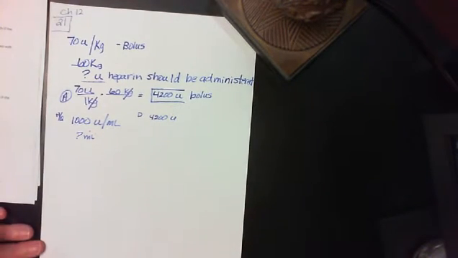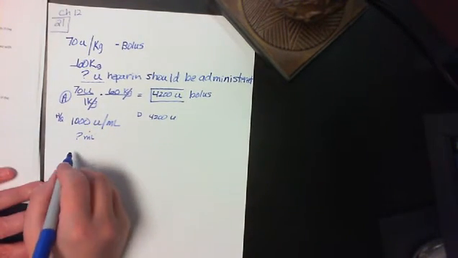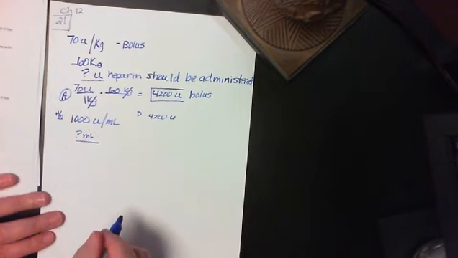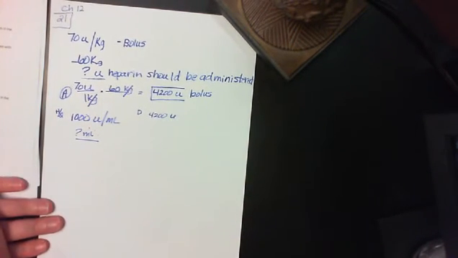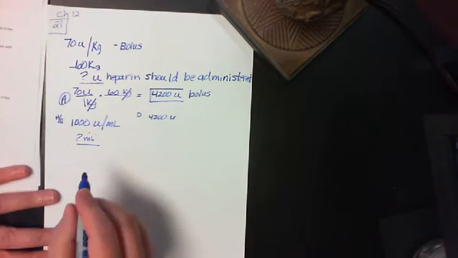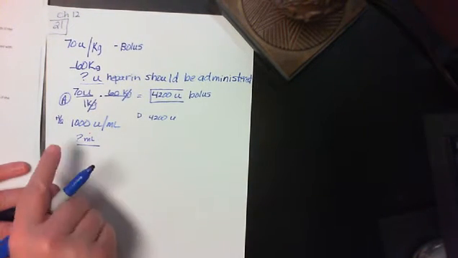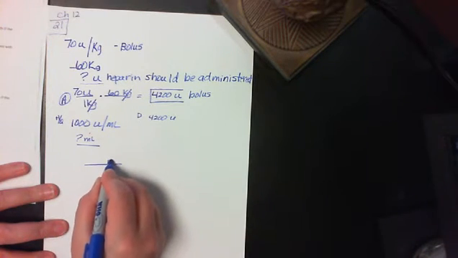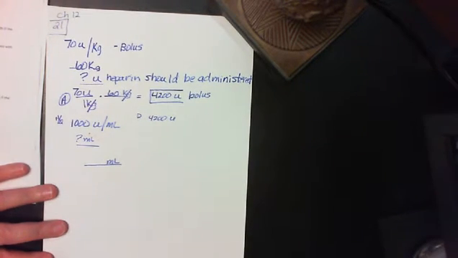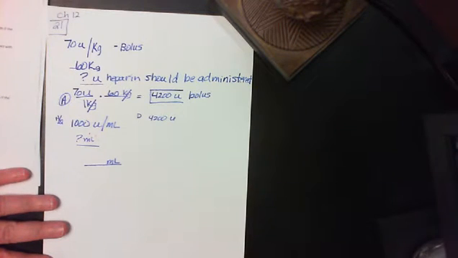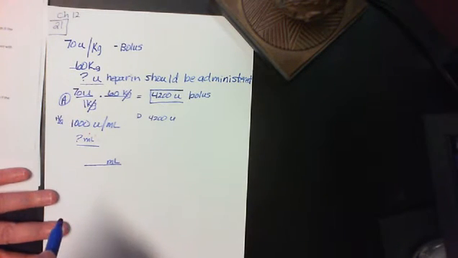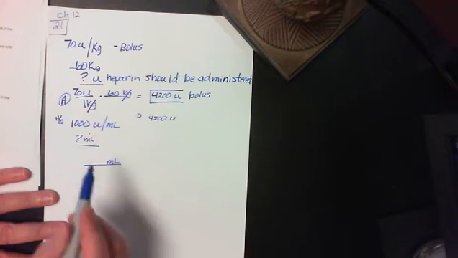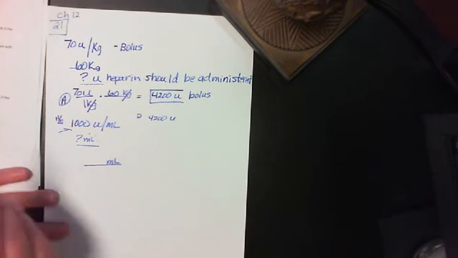So now we need to know how many milliliters would be administered. All right, so now again with your dimensional analysis, you are solving for milliliters, so we need that on top, right? So if we have milliliters on top, what of our sentences also has milliliters in it? That's going to be this one, right?